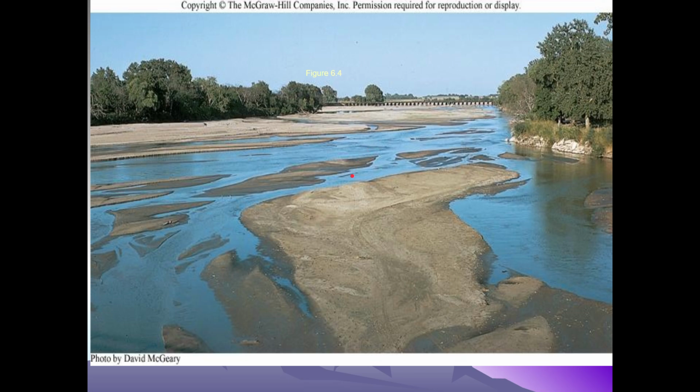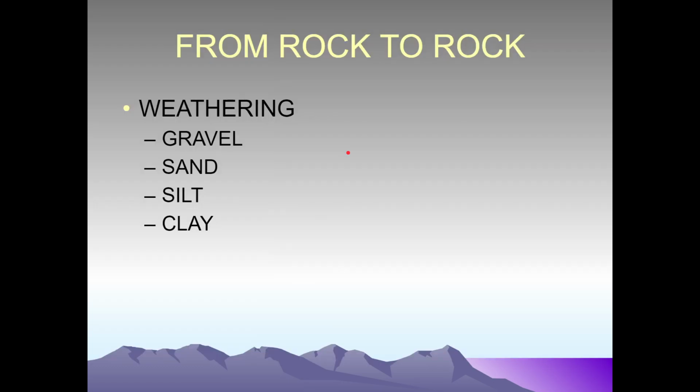I'm not going to make you memorize the different sizes of sediment, except for 2 millimeters. Anything bigger than 2 millimeters is gravel. Anything smaller than 2 millimeters that you can see with your naked eye is sand. And anything smaller than that is silt or clay.